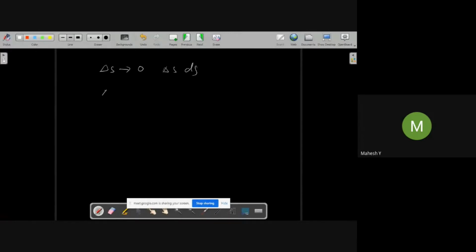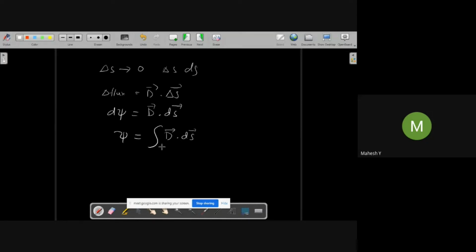So delta flux is equal to vector D dot vector delta S, which now changes to d psi, the flux, is equal to D dot delta S or D dot dS, right? Or psi is equal to, what you have to do, the integral of D dot dS.